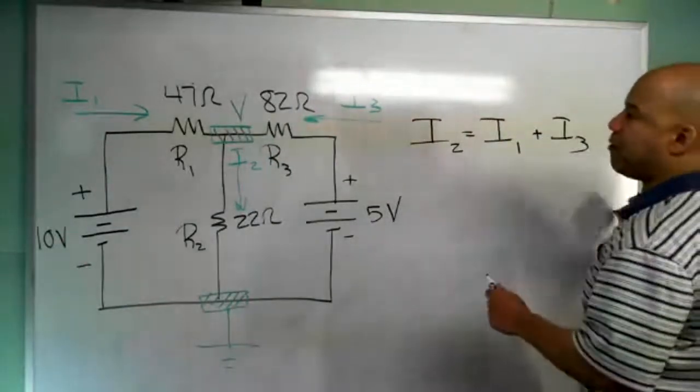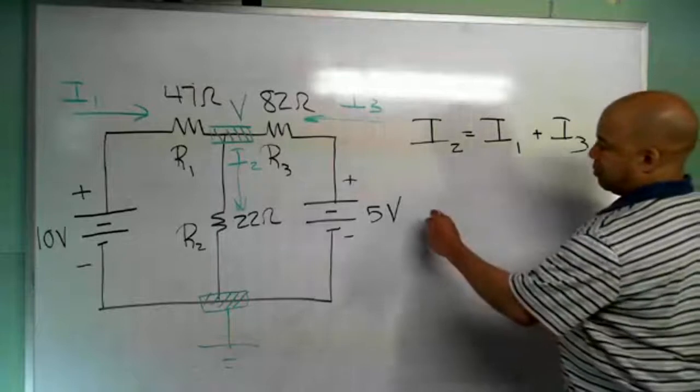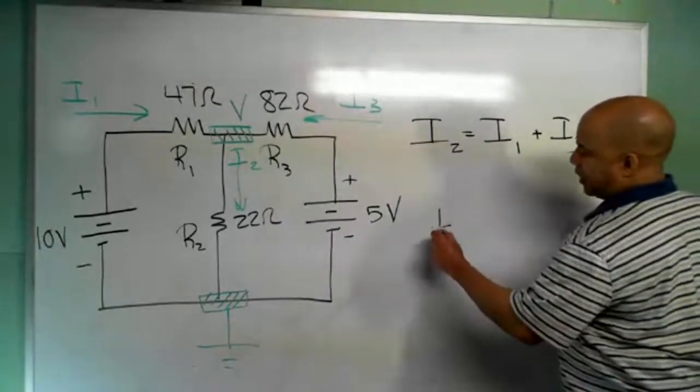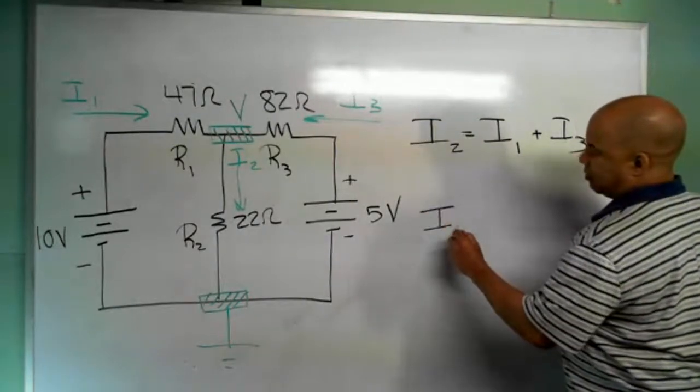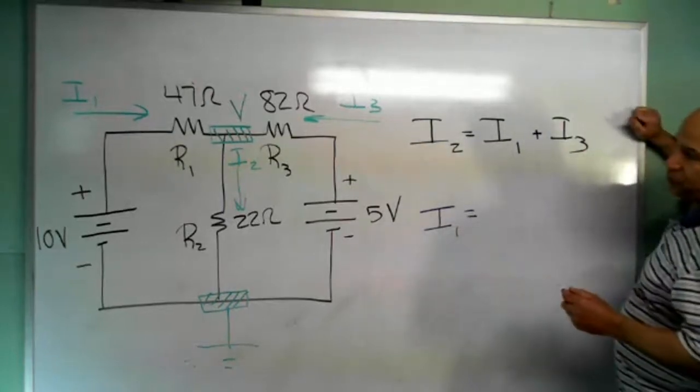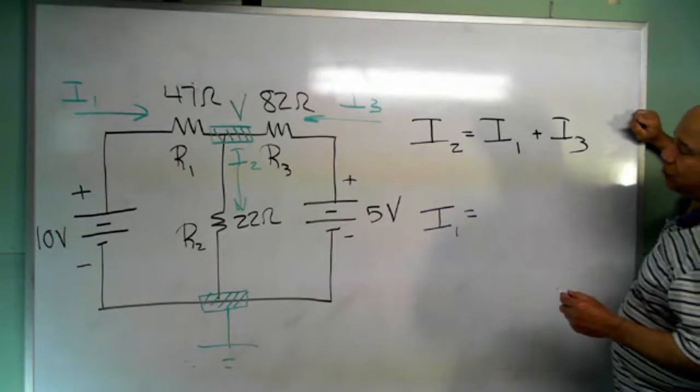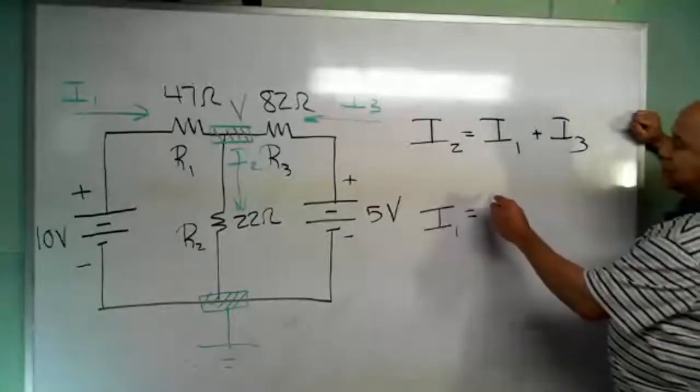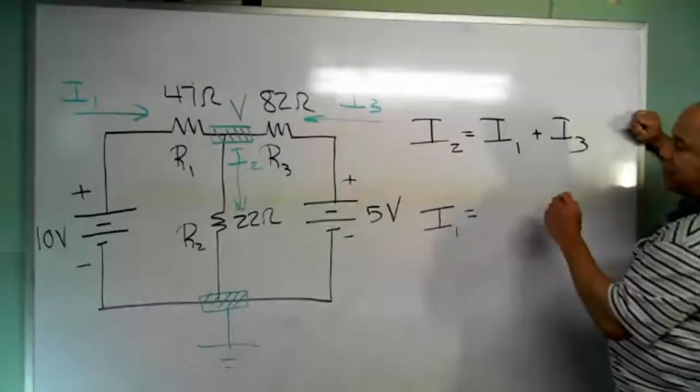Tell me what to write for I1. What's the equation that you got? I1 is what? You tell me step by step what to write.